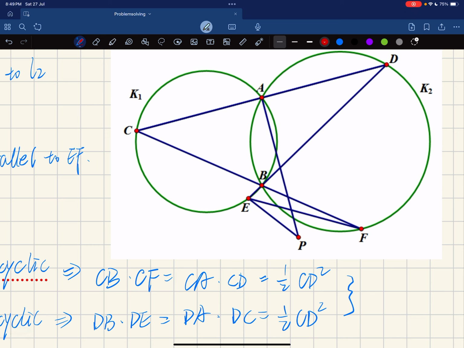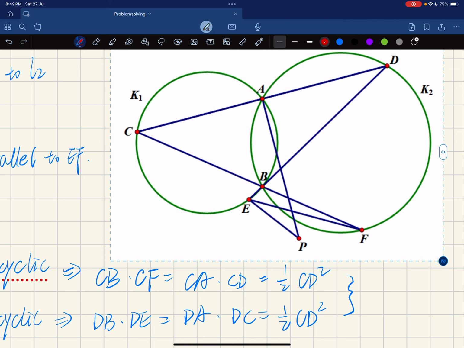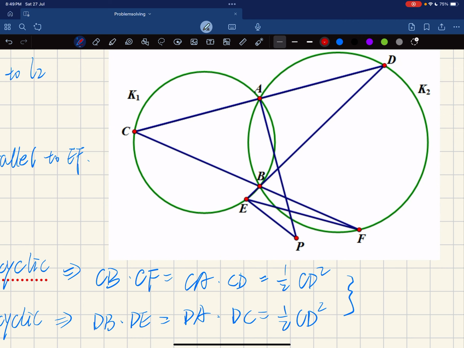If CF equals DE, here CF equals DE. And then we can get BC equals BD and BE equals BF, because the ratios of BC over BF and BD over BE are the same.